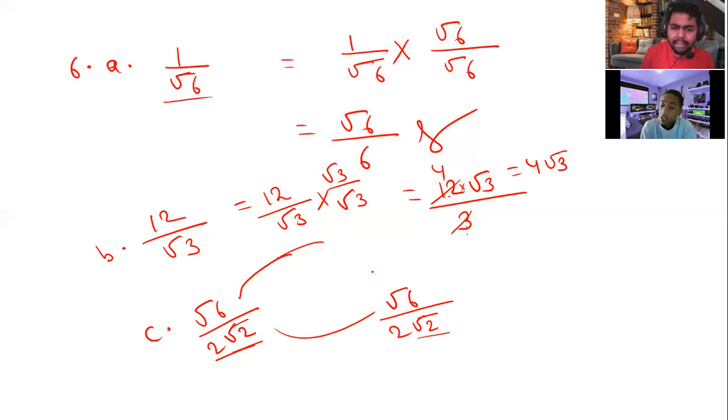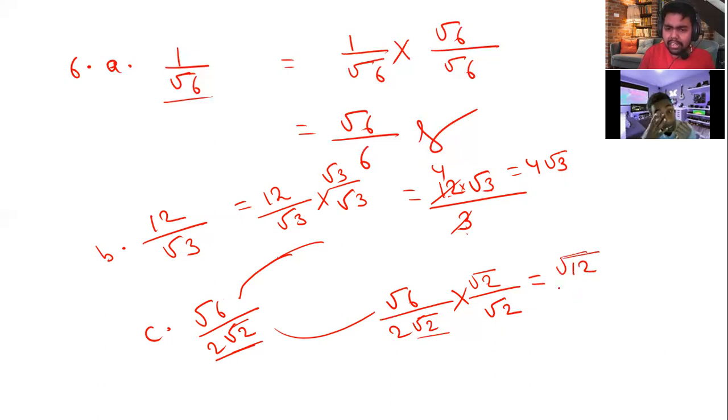Okay. So here I would be multiplying by root 2 like this, root 2 like this. Now, these two things make root 12. Can I write root 12 like that?